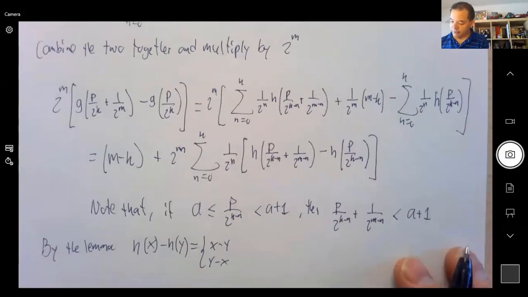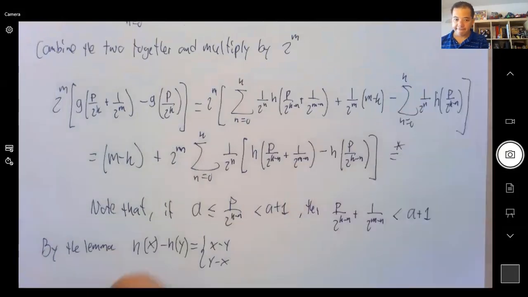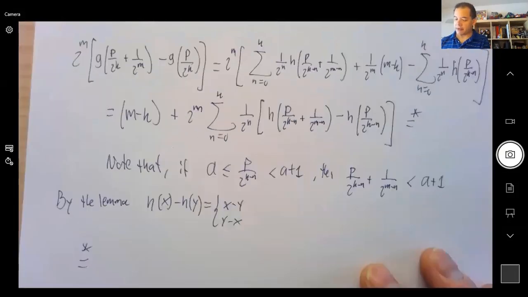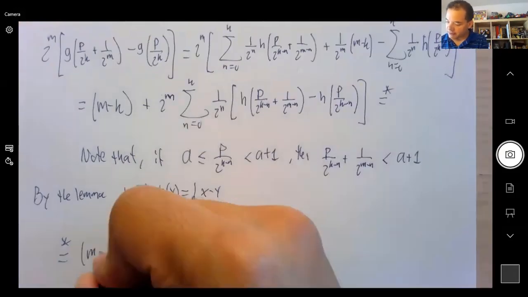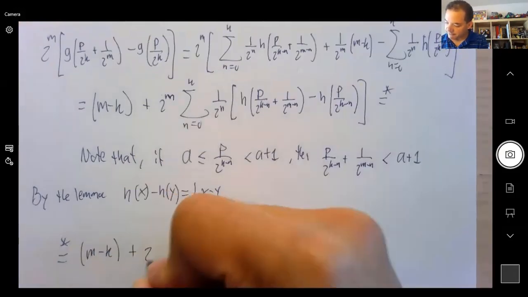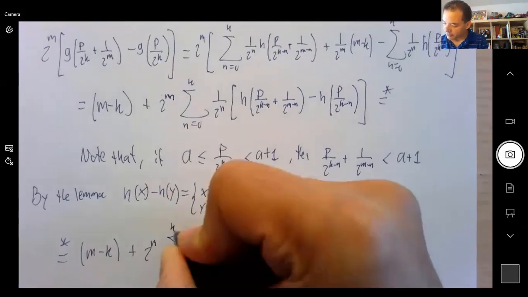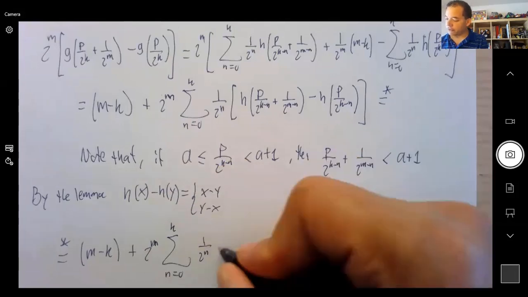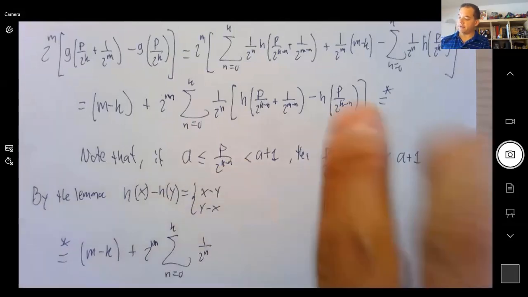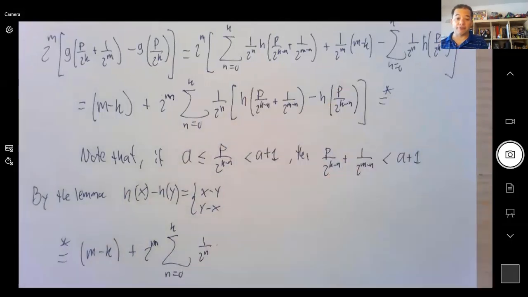So here is what we have. Continue over here, this equal sign that I put an asterisk is m minus k plus 2 to the m, sum from 0 to k, 1 over 2 to the n, and then either plus 1 is either the difference or minus the difference. So that's going to be plus or minus, right?